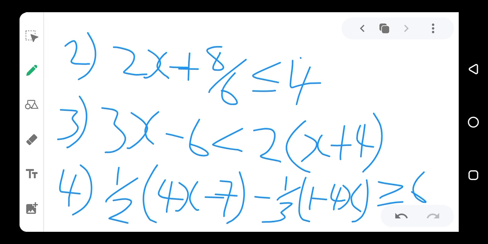Then 2x plus 18 over 6 is less than or equal to 4. Then 3x minus 6 is less than 2 bracket x plus 4. And one half of 4x minus 7 minus 1 over 3 of 1 minus 4x is greater than or equal to 6. So you solve this and submit it. Thank you.